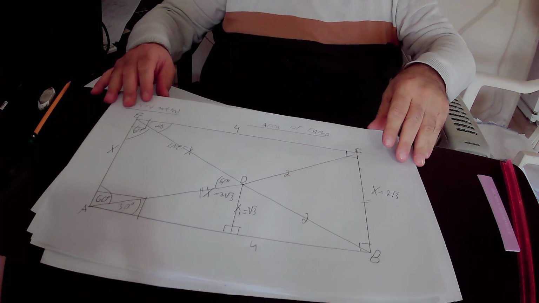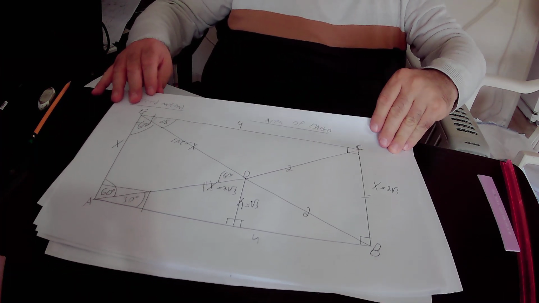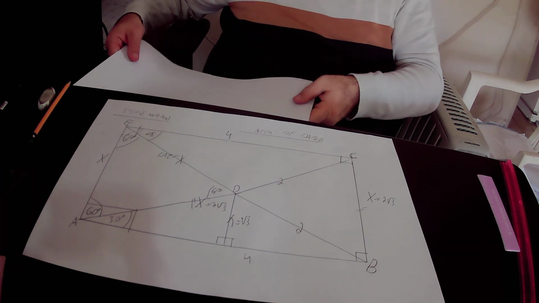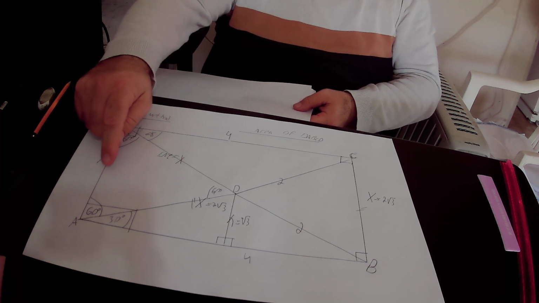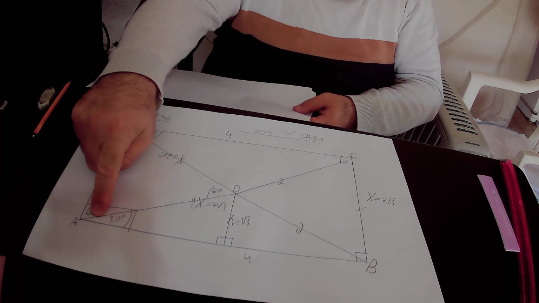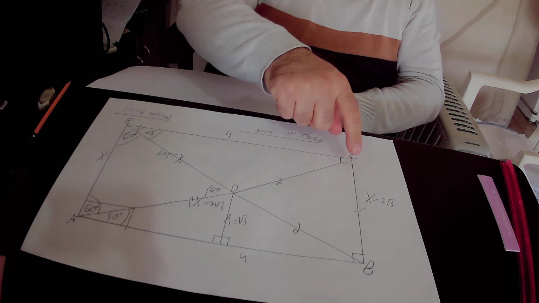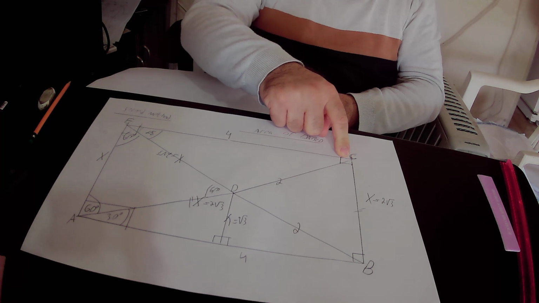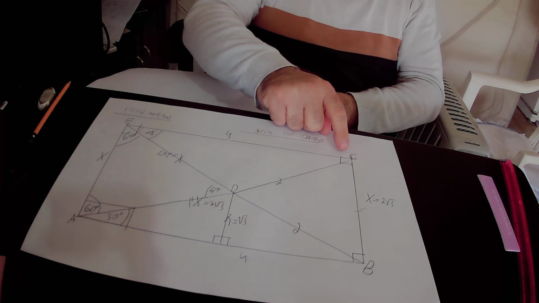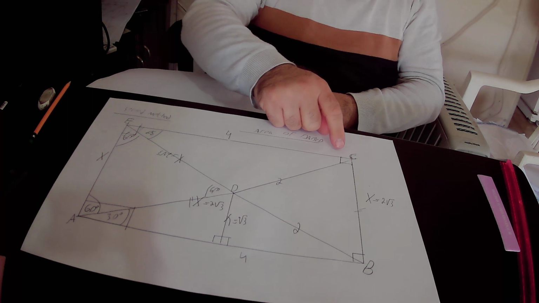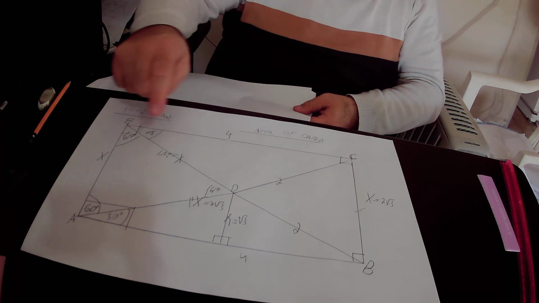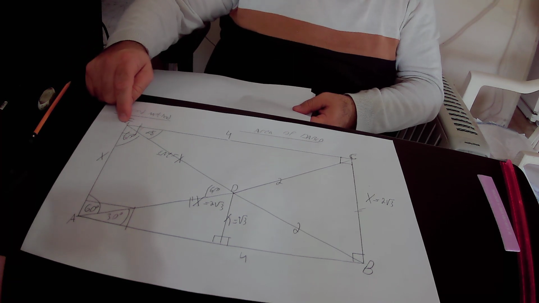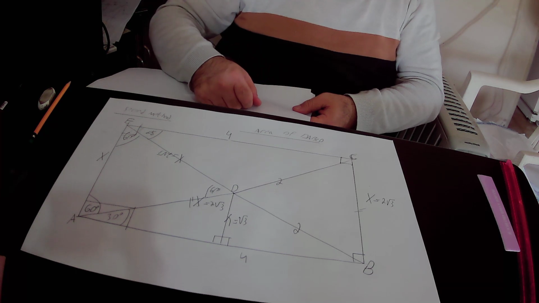According to the second method, we draw a perpendicular to AB from point A, so this angle is 90 degrees, and we also draw a perpendicular from point C to CB, so this angle will also be equal to 90 degrees, and we define the intersection point of the perpendicular from C and the perpendicular from A as point E. This is the intersection point between those two perpendiculars.